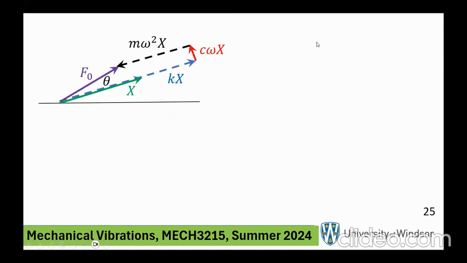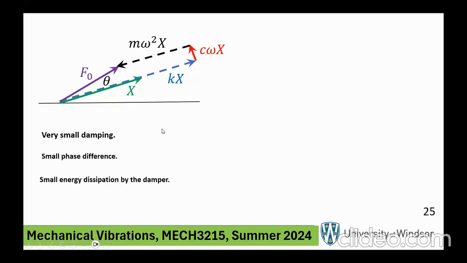Now, a couple of comments. When damping is small, the value of c is very small. So this red one, which represented damping force, has a small size. You can see that. And there's a very small phase difference when damping is small, for example, between the applied force and the displacement.